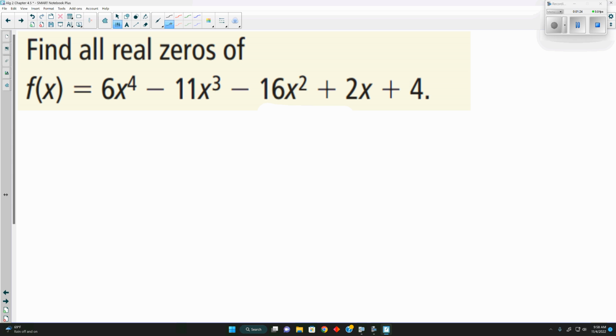Because if I can get at least two solutions for this fourth degree polynomial, then we can use the quadratic formula from there. We want to get at least two solutions less than the degree. Now, if I get four solutions, we're done. That's all of them. We don't have to do anything else.